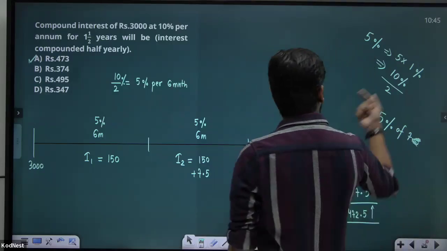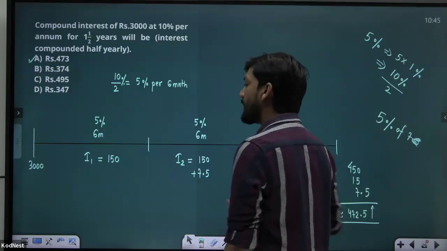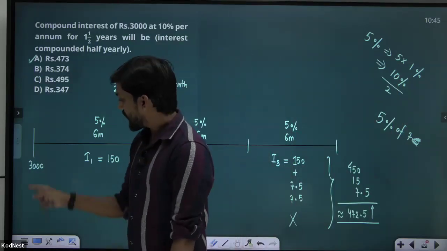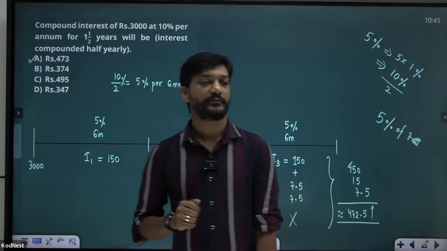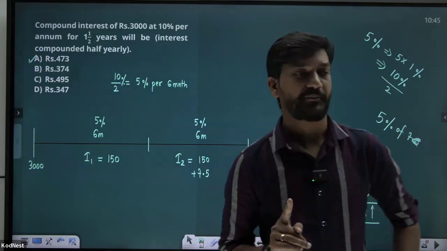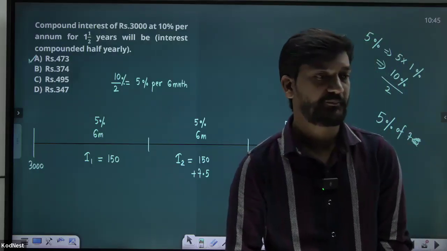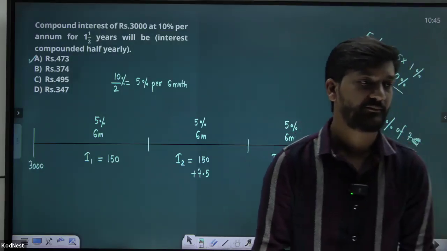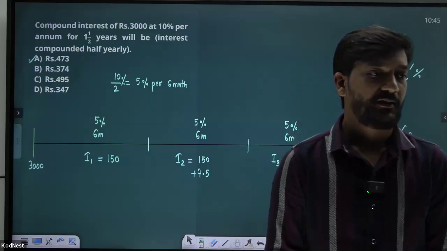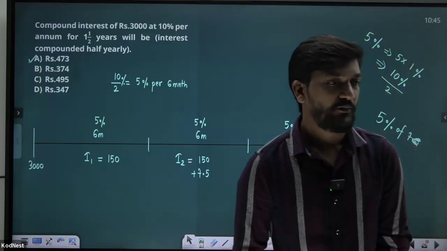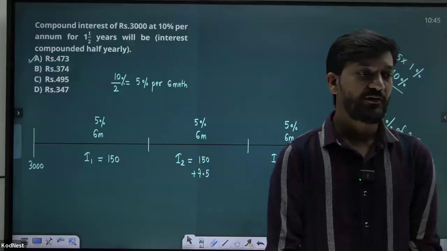If you go by the second way, you will calculate 10%. So what is 10% of 3000? Vaishnavi, 10%, how much?